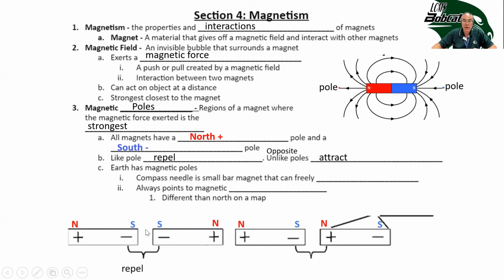So looking down here at these magnets, these like poles, south to south, are both going to repel, and these opposite poles, south to north, are going to attract.